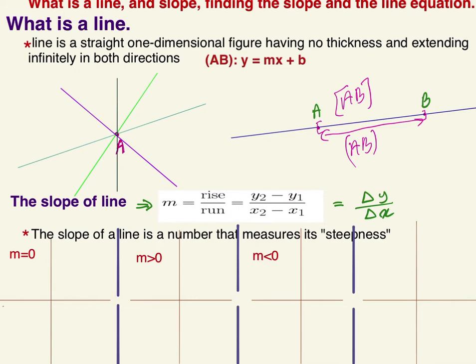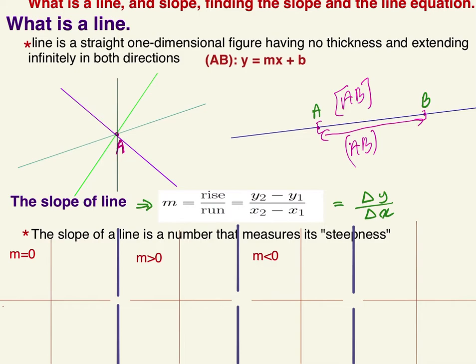And we have four cases of the slope: when the slope is equal to 0, when it is positive, when it is negative, and when it is undefined. So let's see all four cases.